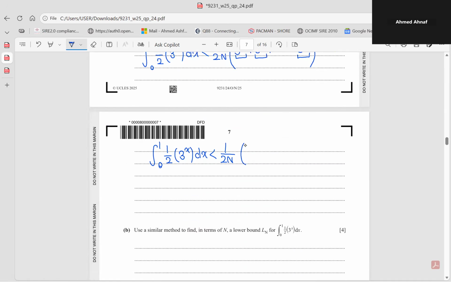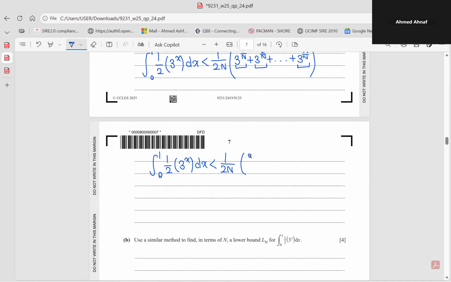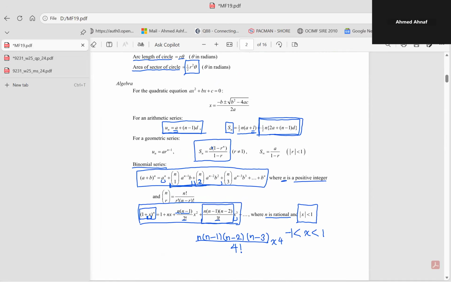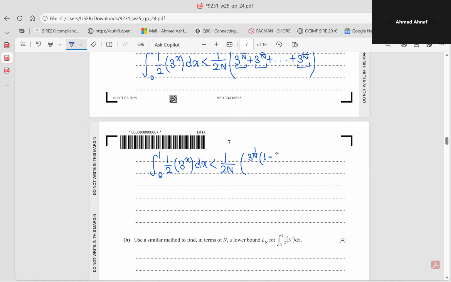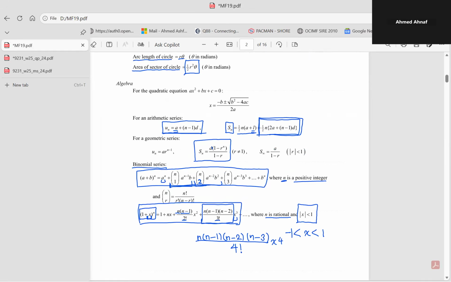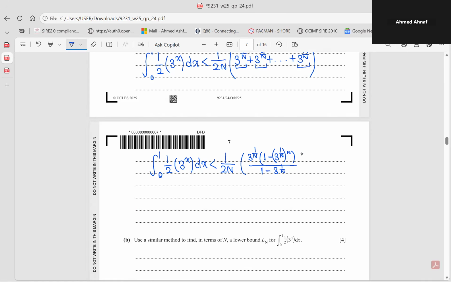So a is 3 to the power of 1 over n, times 1 minus r to the power of big N, because that's the number of terms we have, over 1 minus r. Sorry, not r squared, just 1 minus r. And r is 3 to the power of 1 over n.